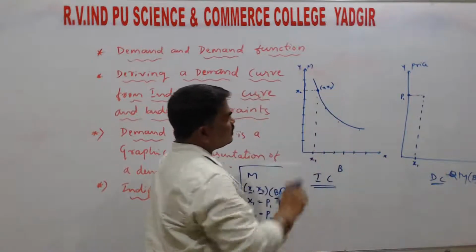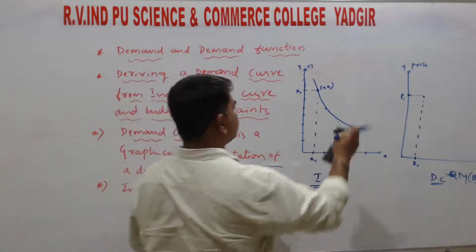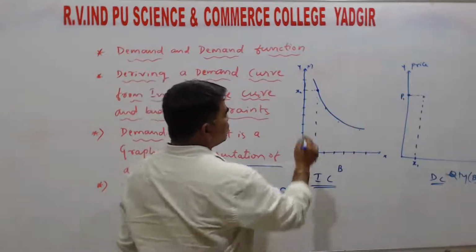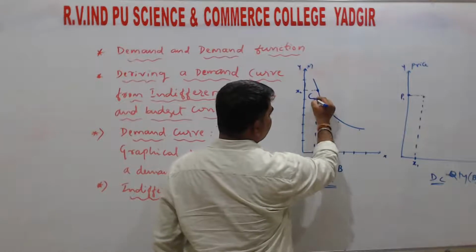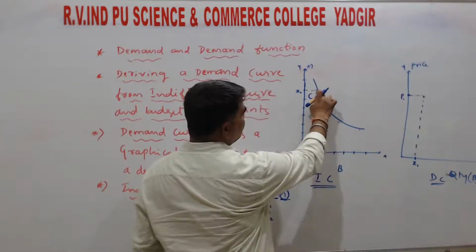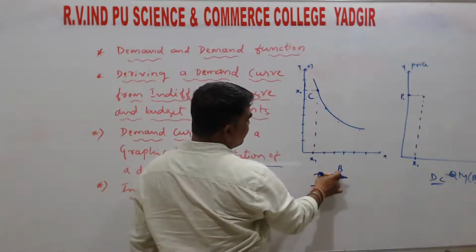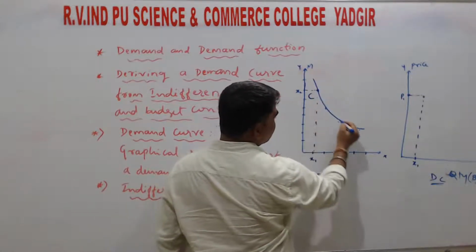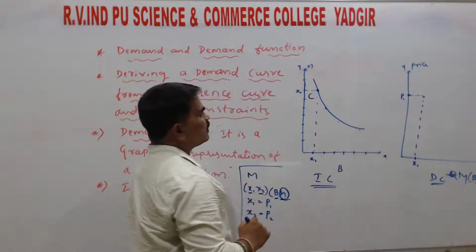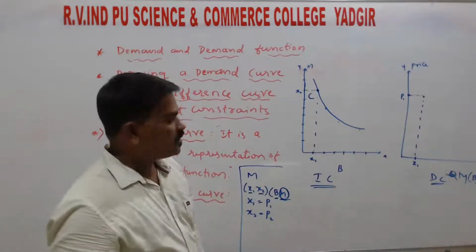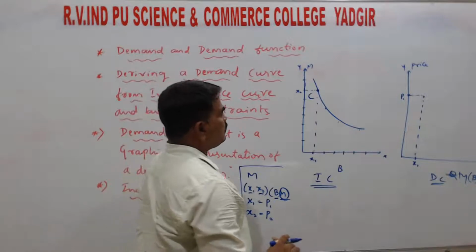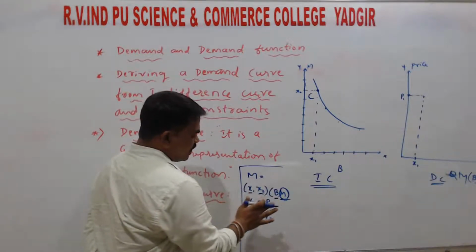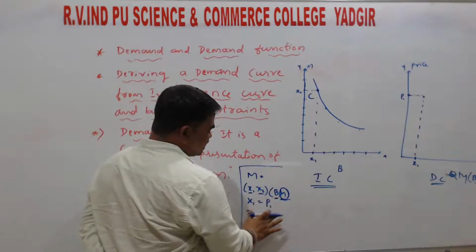I will call it C. This is the bundle, as you know, which contains x1 good of banana and x2 good of mango, and this bundle comes from this indifference curve. Now, as I said, the income will remain the same and the price of the mango will remain the same.